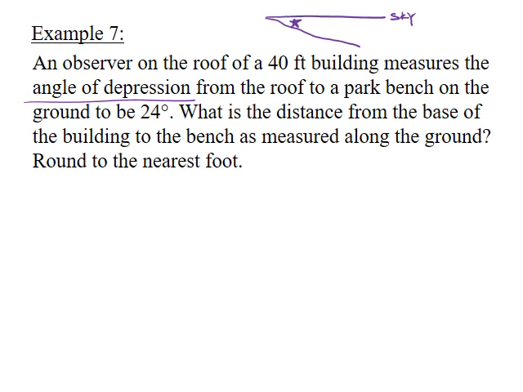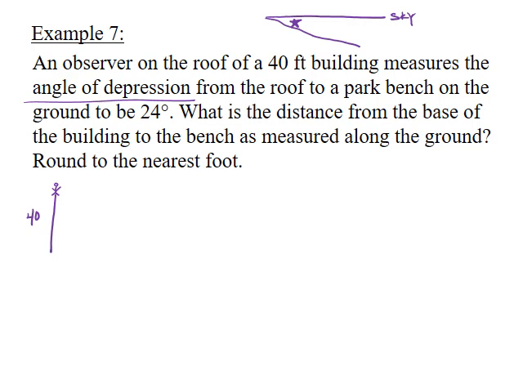So if we have an observer on the roof of a building, so he or she is up here, an observer on the roof of a 40-foot building measures the angle of depression from the roof to the park bench.